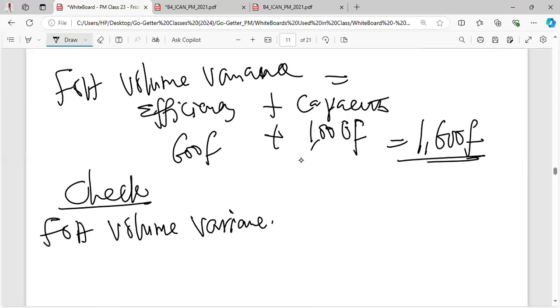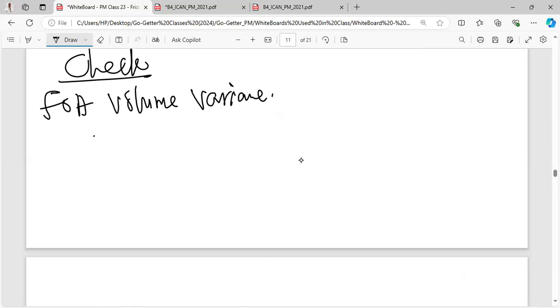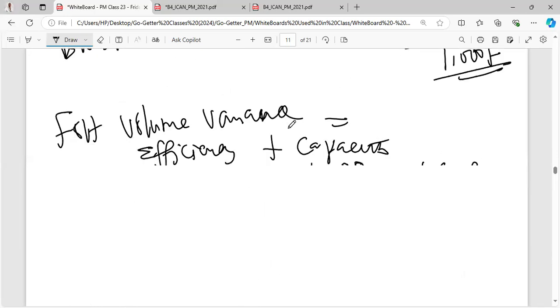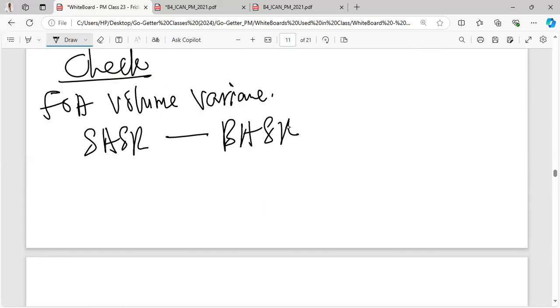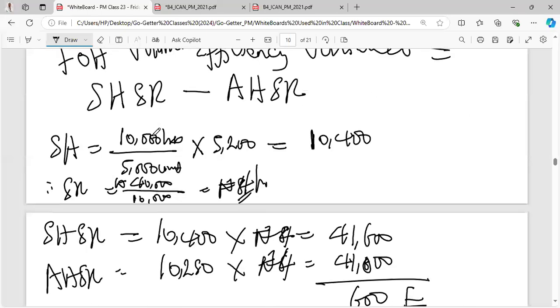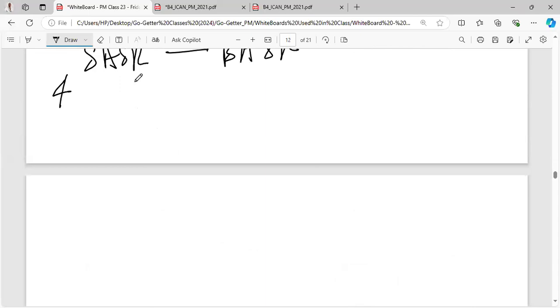So let's look at it now. Standard as standard rate, budgeted as standard rate. So our standard hours is 4 hours? No. Standard hours is 2 hours. Or let's do it this way.